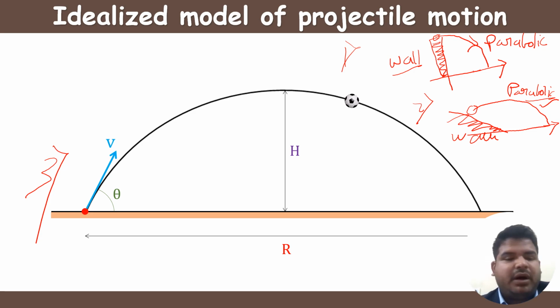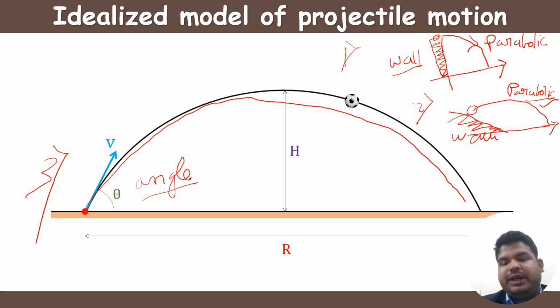Suppose you are kicking a ball from the ground through an angle theta and with velocity v. So its path should be a parabolic, and the conditions are there.